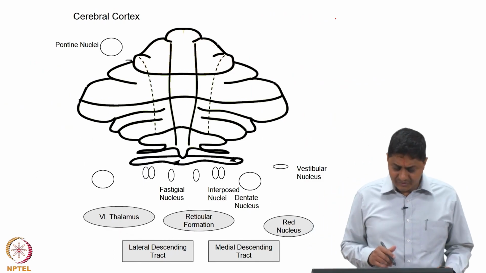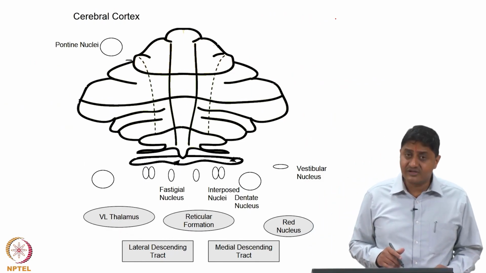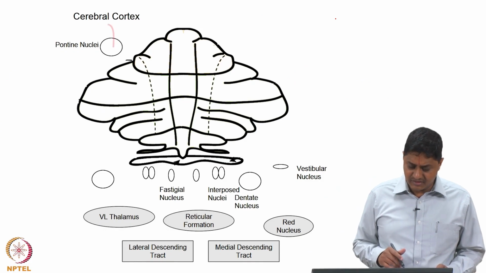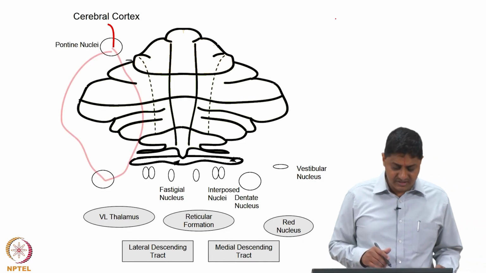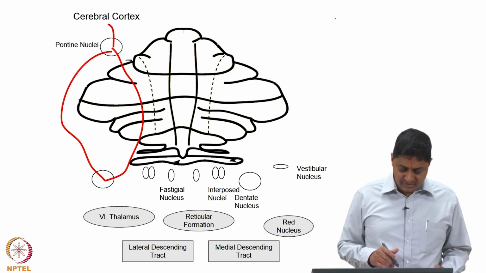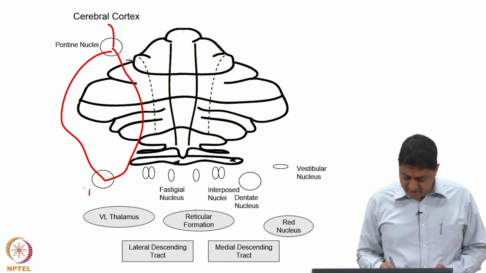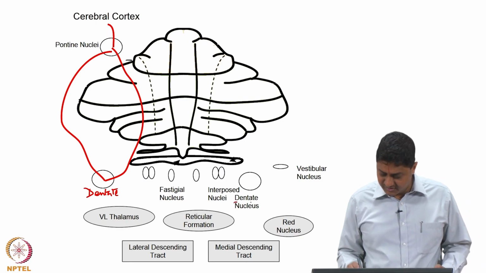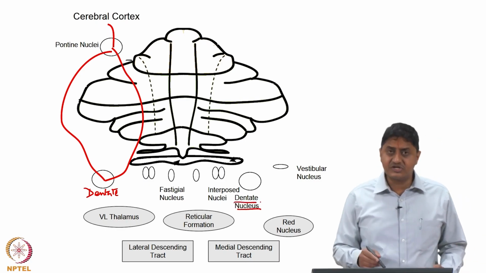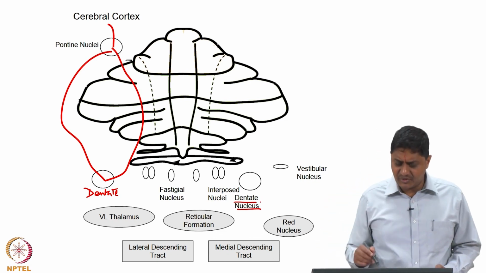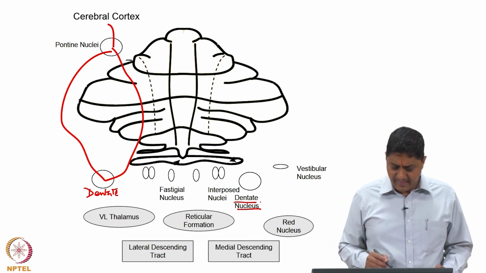So, once again we go back to the outline picture of the cerebellum, and here we discuss cerebrocerebellum. The pontine nuclei, or pons, receives inputs from cerebral cortex, and from there is a projection to the dentate nucleus. It's big, so that must be the dentate nucleus, shown here. We are illustrating only one side, but this is happening on both sides of the cerebellum.